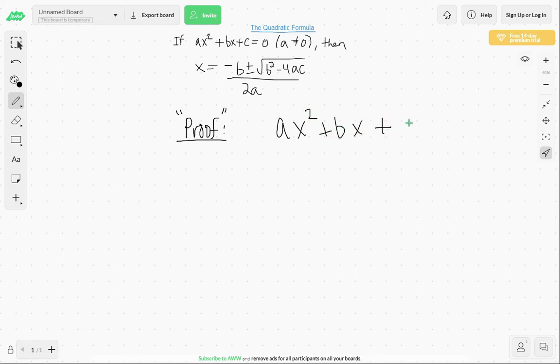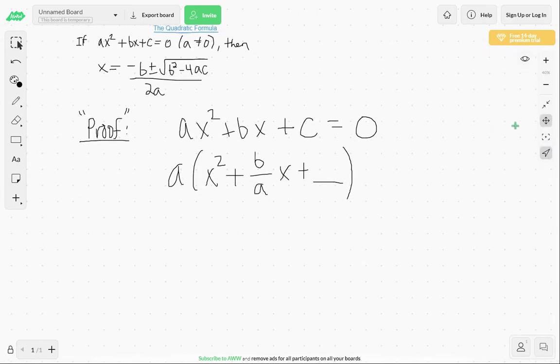Remember, that's what we're given. First thing we do is we factor out a out of the first two terms. And I put a plus blank and I carry down my plus c outside of the parentheses.